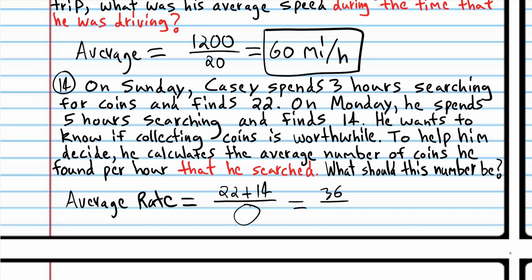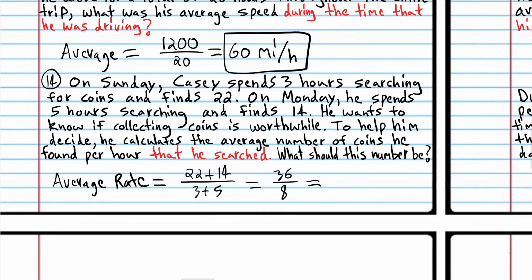Then we're going to divide by the total amount of change in the time. 8 hours have passed in relation to the time that he actually searched. So if we divide these numbers, 36 divided by 8 is 4.5.